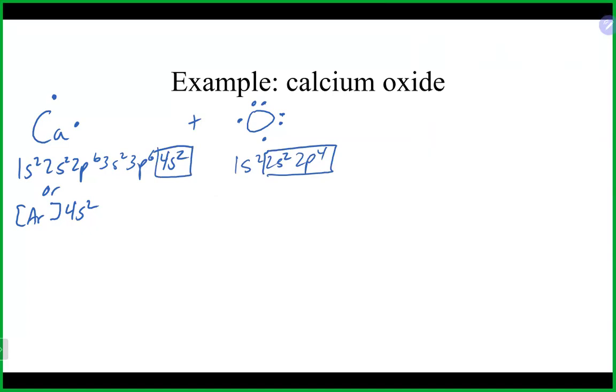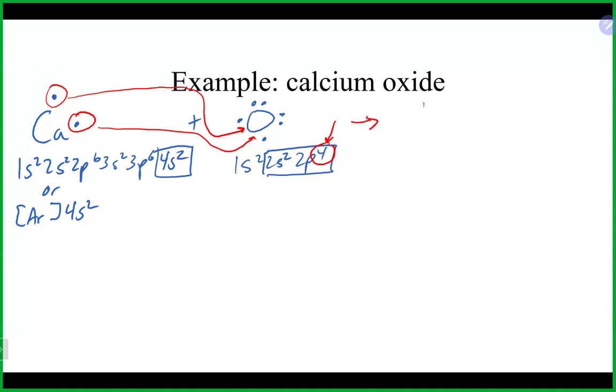So with our metal and non-metal coming together here, calcium is going to want to lose 2 electrons over to the oxygen. That is good because the oxygen in this case actually has room for both of those electrons right there in its p subshell. So it's got some room to accept them.